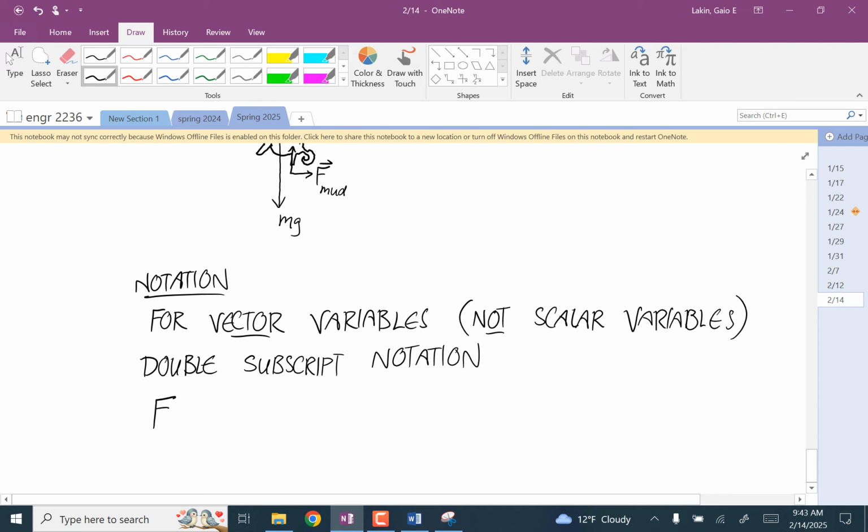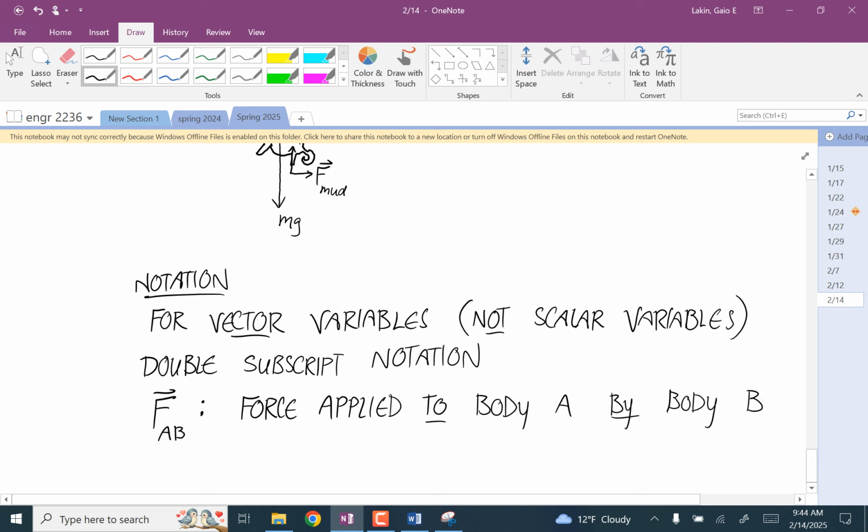It's going to be like the force F with the subscript A, B. The meaning of that is the force applied to body A by body B. So the first subscript in this class is always going to be the thing acted on, and the second one is the thing applying the force.